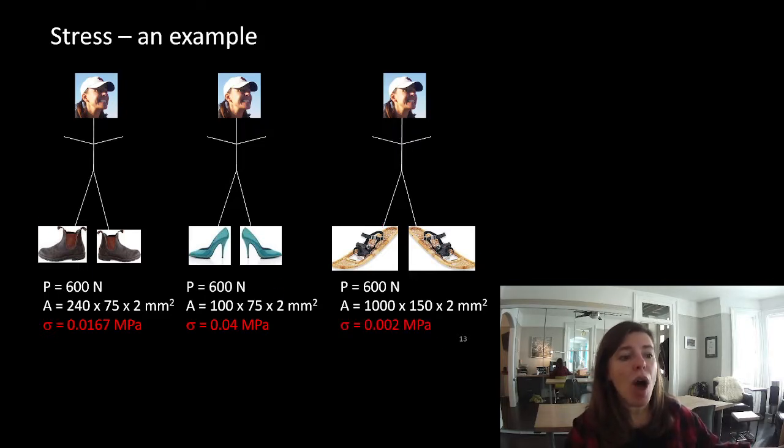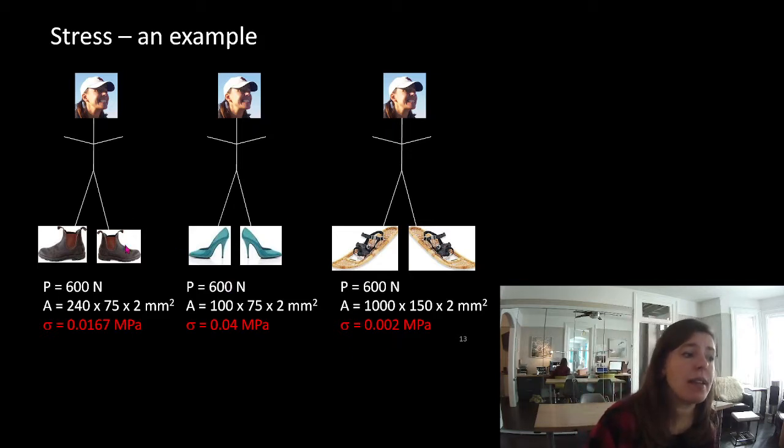So a lot less stress. High heels, highest stress. Bluntstones, the medium amount of stress. And the snowshoes, the least amount of stress. Remember, what we're trying to do with the snowshoes is not break through the surface of the snow. So intuitively, I think you know most of this.